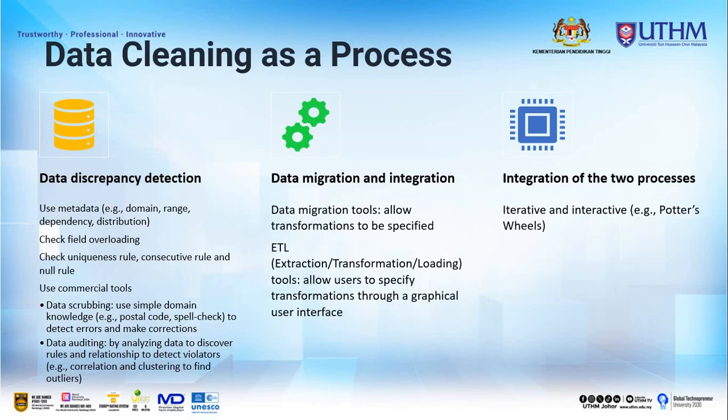Next, we validate the formats and standardize the values, such as ensuring consistent units or naming conventions. Lastly, it's important to document the changes made, especially in sensitive domains like healthcare or finance. So this is how we do data cleaning as a process. Data discrepancy detection, migration and integration are general key terms that you can use, and integration of the two processes.